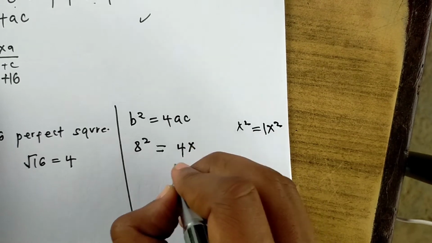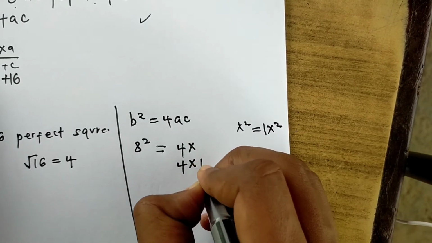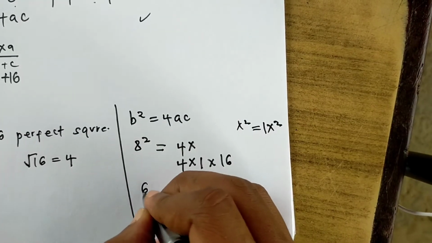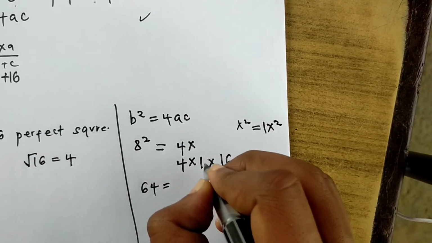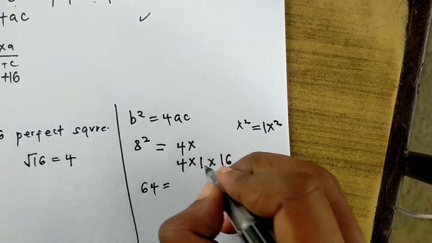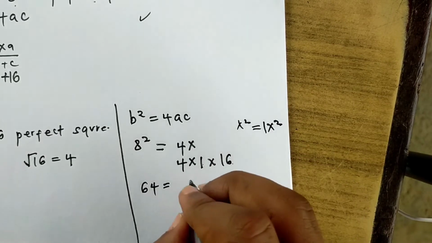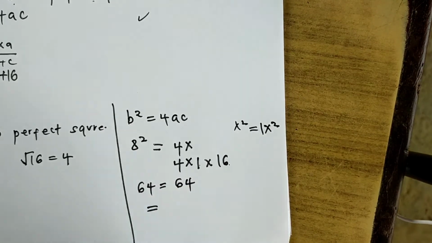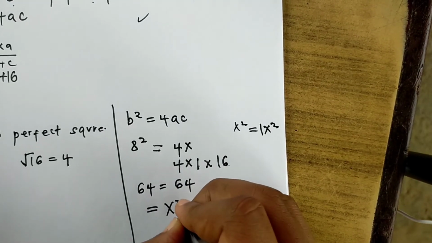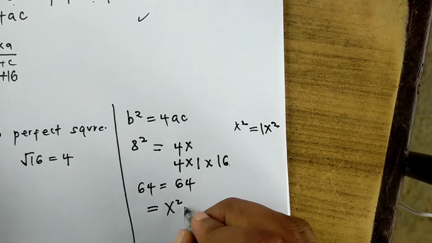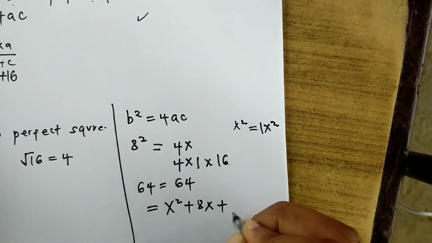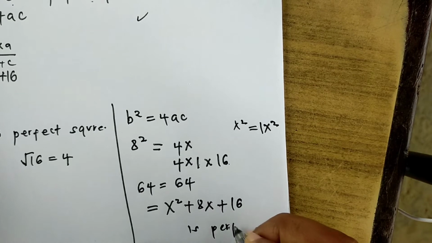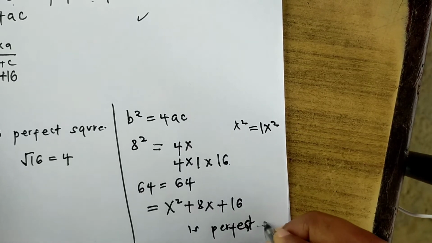So 4 times 1 times our c, which is 16. 4 times 1 is 4, and 4 times 16 is 64. And 8 square is 64. So we perfectly say x square plus 8x plus 16 is a perfect square.